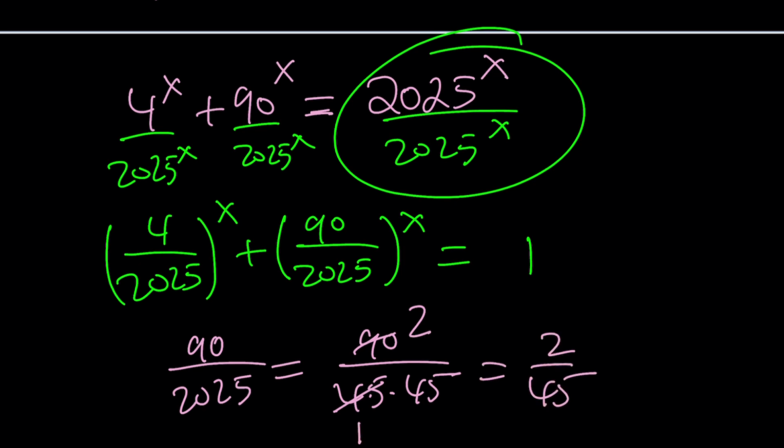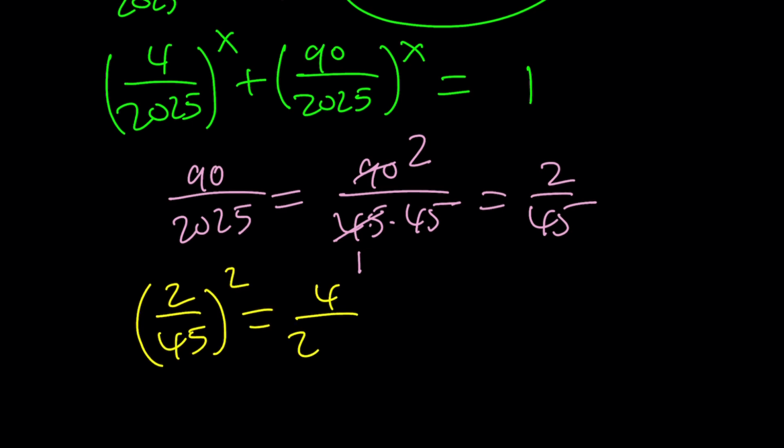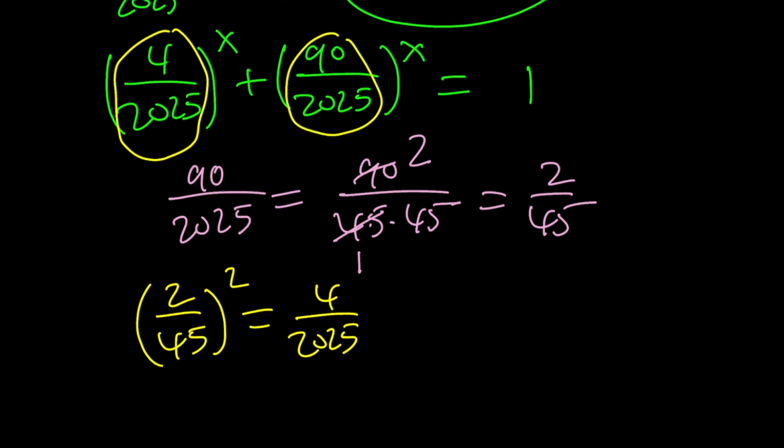Can that be simplified? Not really. But guess what? It can be squared. How? What do you mean by that? If you square 2 over 45, you will get 4 over 2025, because 45 squared is 2025. Why is that important? Because that's what I have here. You see that? Cool. This is 2 over 45.